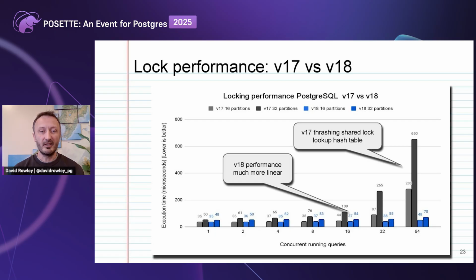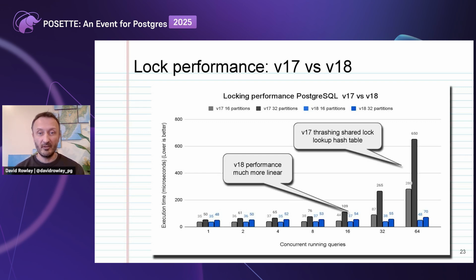On the left, we've got Postgres 17 with 16 partitions. Once you hit 32 concurrent running sessions running this particular query, you can see that Postgres 17 starts to slow down. By the time I get to 64 concurrent sessions, it's really starting to slow down.